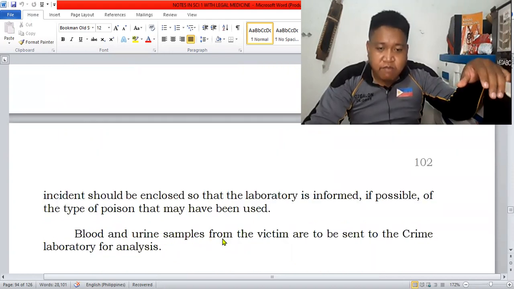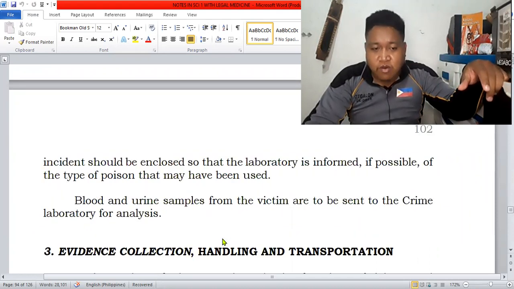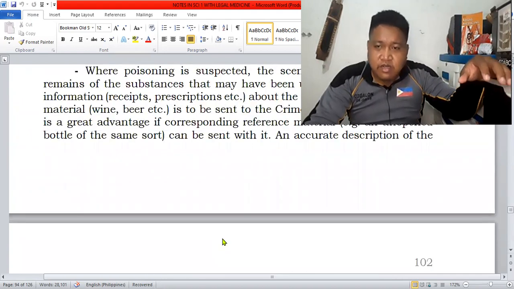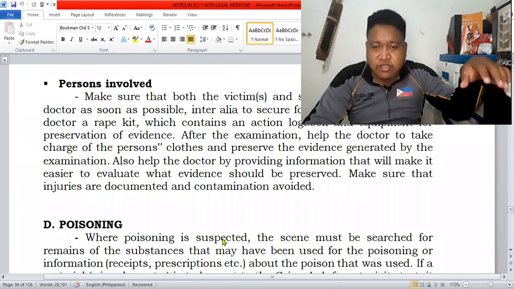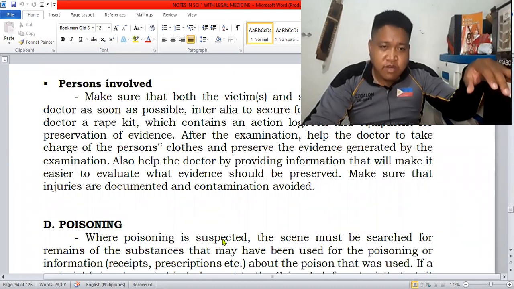Blood and urine samples from the victim are to be sent to the crime laboratory for analysis. So those are the checklist of the procedures that you will do at the crime scene as far as those specific incidents and crimes are concerned.